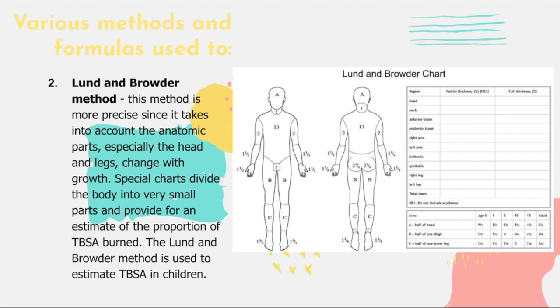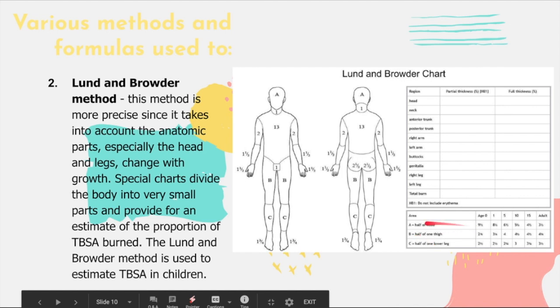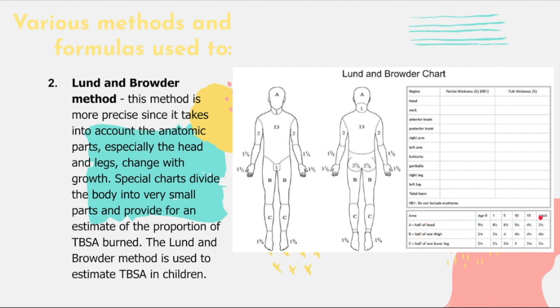The Lund and Browder method is usually used to estimate TBSA in children. So this method is mainly for children. This is the diagram. As you can see, it is based on age and the area and region.